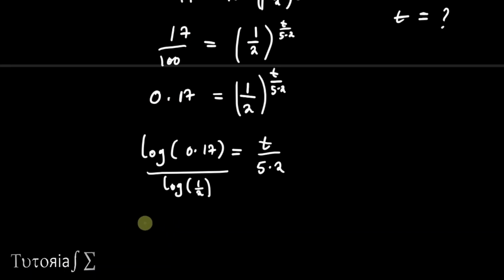So that's 2.5563934349, like that. So that is equal to T over 5.2.